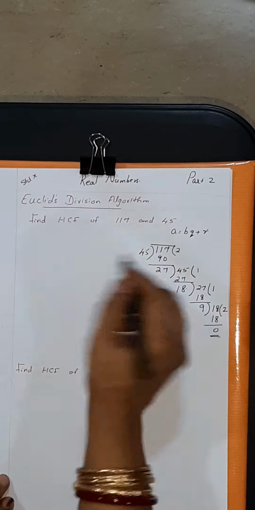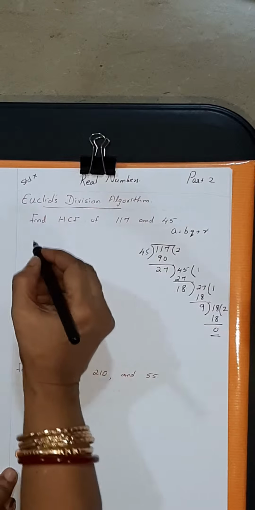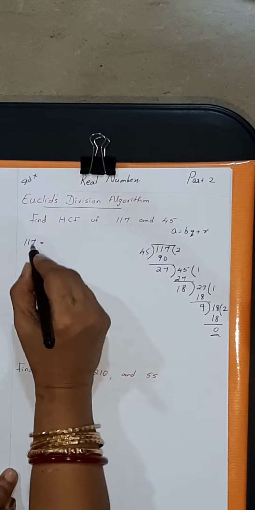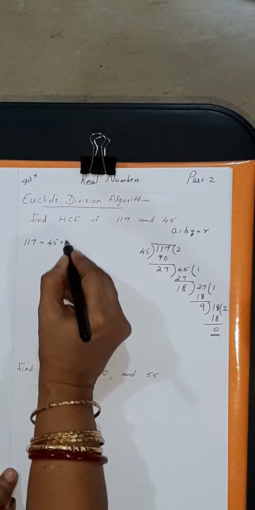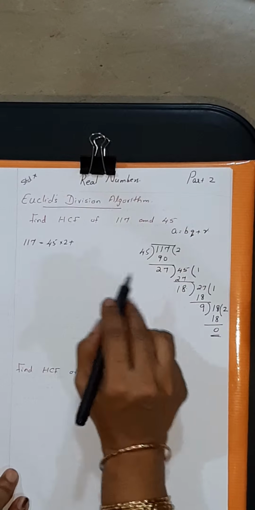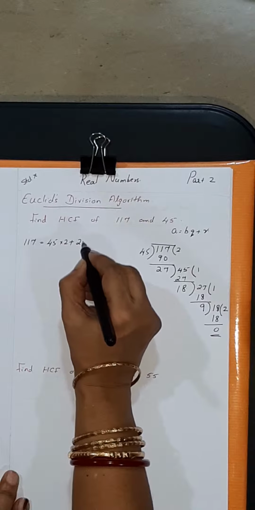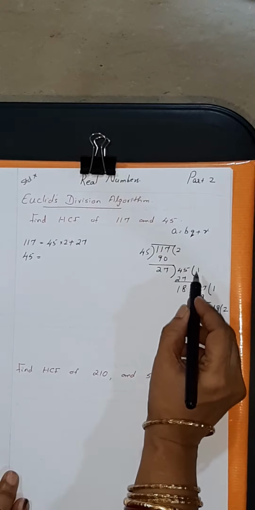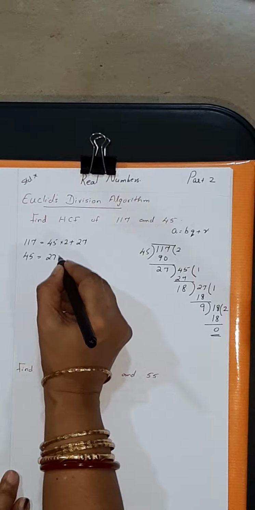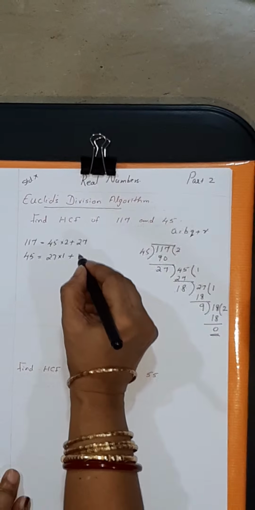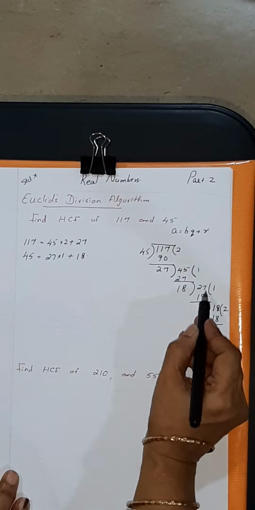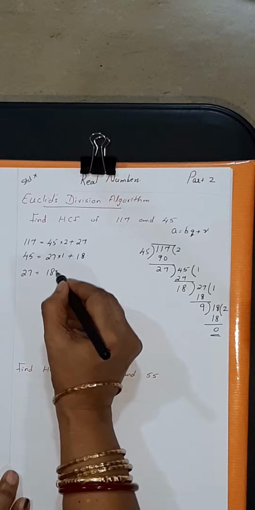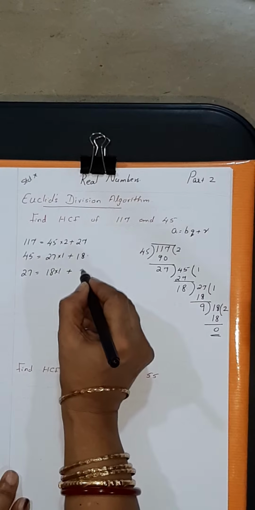Now we will write it in this format. 117 is equal to 45 into 2 plus 27. Now 45 is equal to 27 into 1 plus 18, and then 27 is equal to 18 into 1 plus 9.